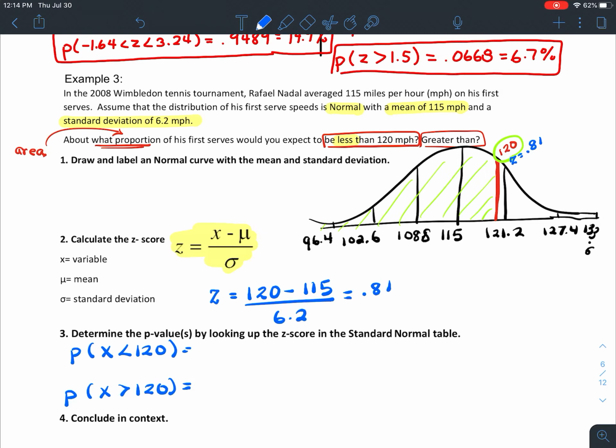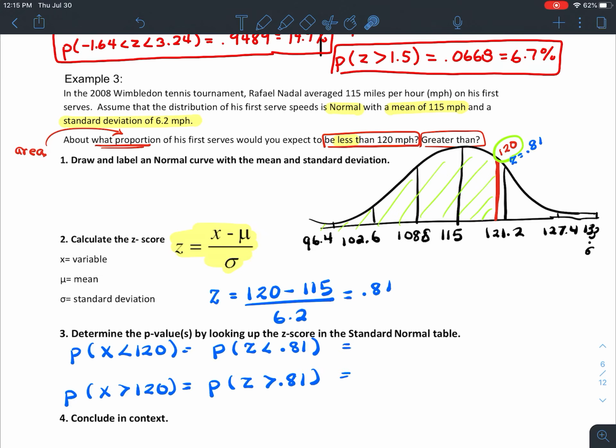Now remember, 120 is not the z-score. The z-score is 0.81. So when we say what's the probability that his first serve would be less than 120 miles per hour, we're really wanting to find the probability that the z-score would be less than 0.81. And here we're saying z-score greater than 0.81.